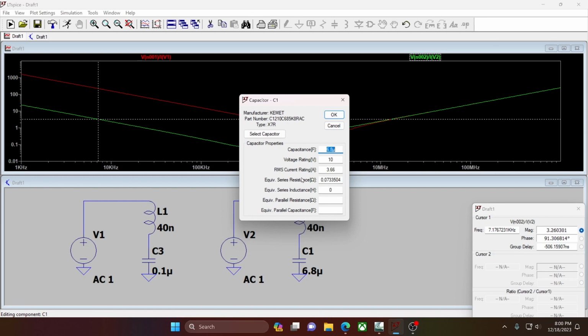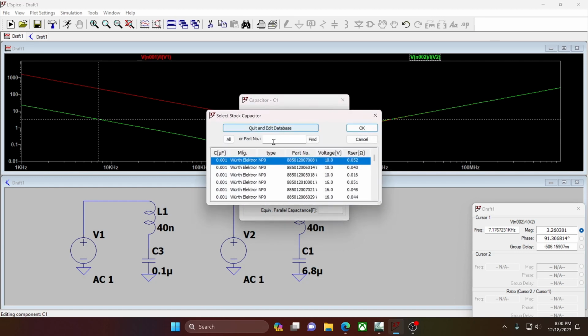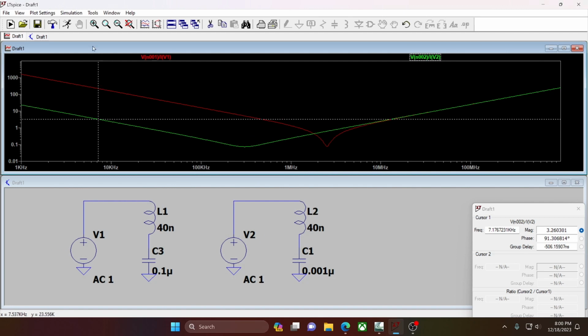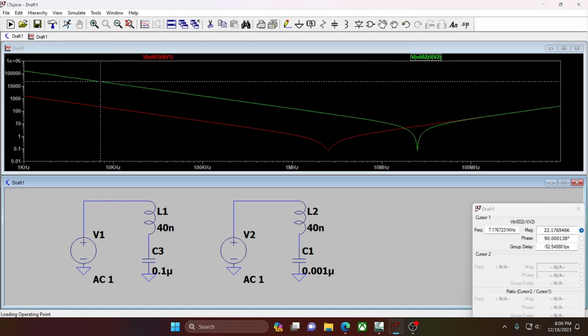Now let's see what happens if we go the other way and go really low. Let's go to 1 nano. Here, let's pick, yeah, that one will work. All right, well, our low frequency stuff turned terrible. However, look at the right side of the graph. Check that out.